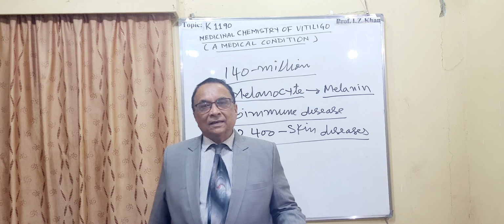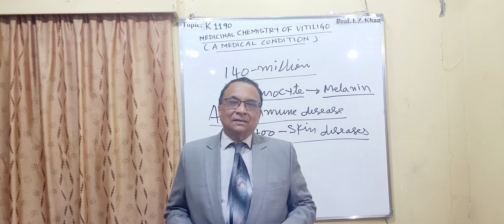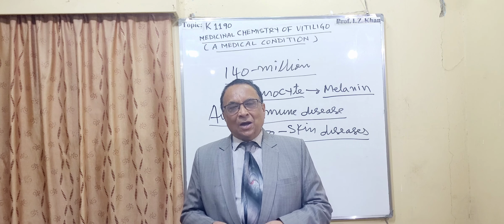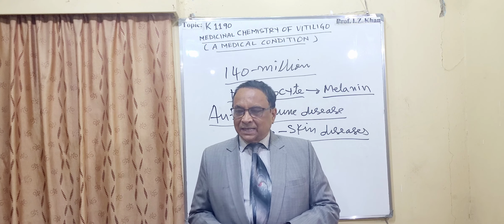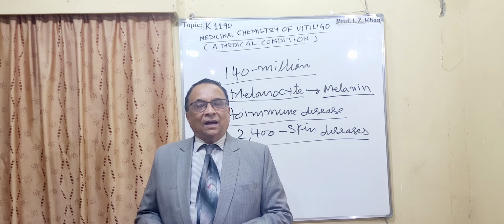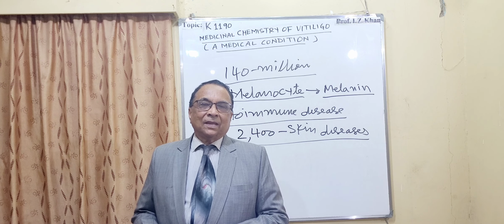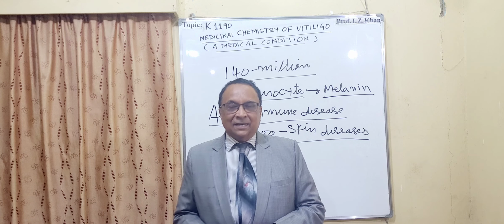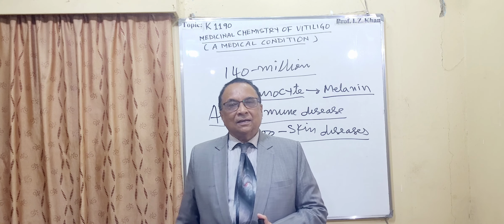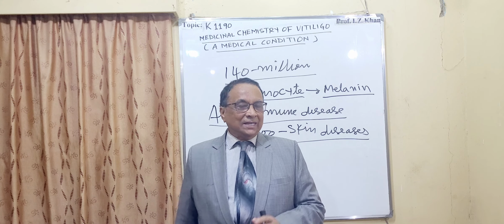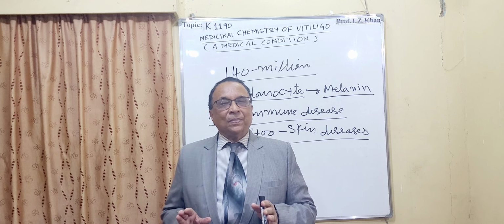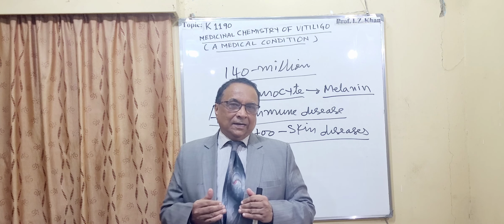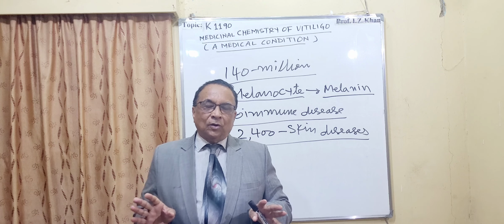But in our society, still, but nowadays, once science and education are there, people, especially educated people in urban areas, are understanding that it is not like that. So there is, of course, some improvement. The only thing is that there is no cure.